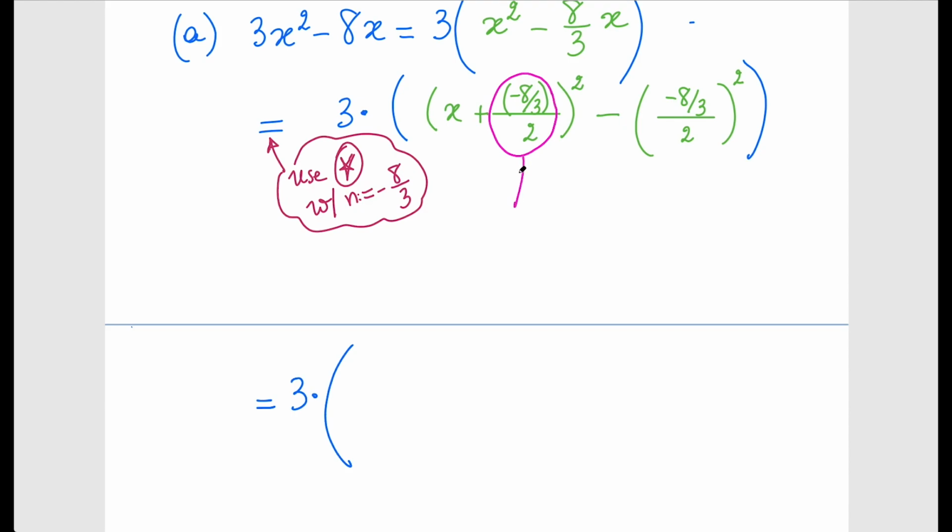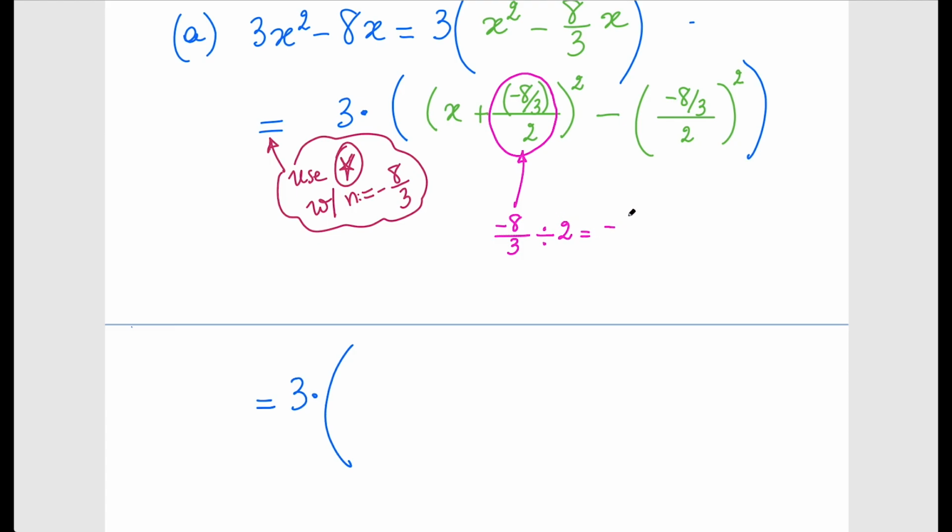What's minus 8 over 3 divided by 2? This fraction bar is the same thing as division, right? The numerator is minus 8 over 3, and the division bar is the division operation, divided by 2.